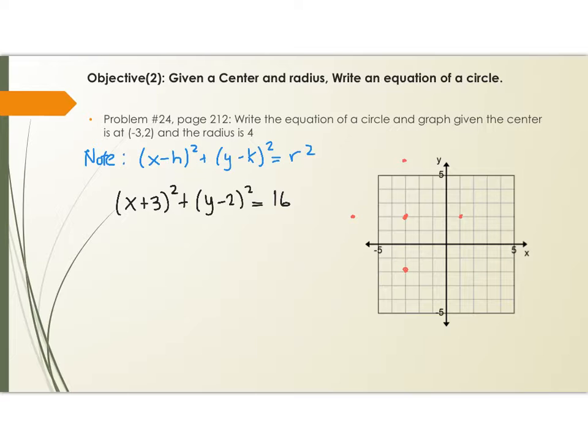Once we have the 4 points, we then can draw a circle.